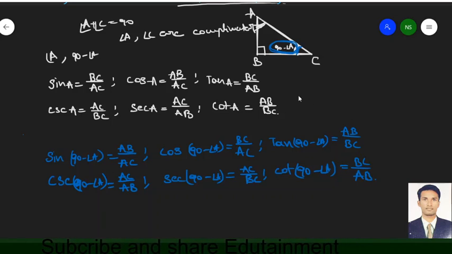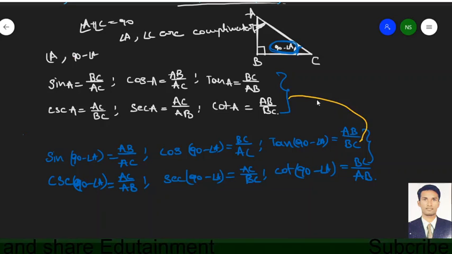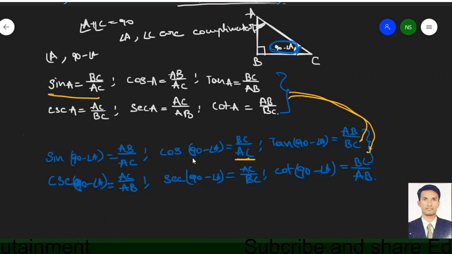So what can we compare from these two sets? If we compare, we will understand one thing. You see sin A is equal to BC by AC, which is the same as cos 90 minus A, BC by AC. And cos A is equal to AB by AC.